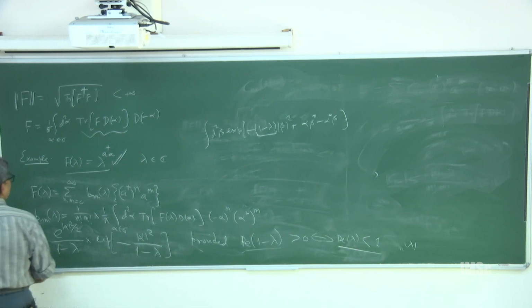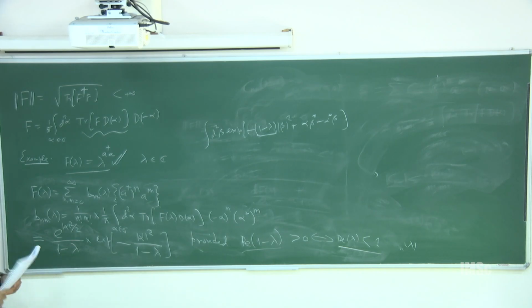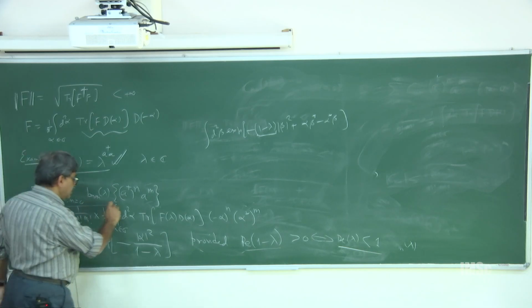If that is not the case, then it does not have a symmetric ordering expression, because this is not finite. It will have a singularity, and therefore the symmetric ordering expression may not converge.